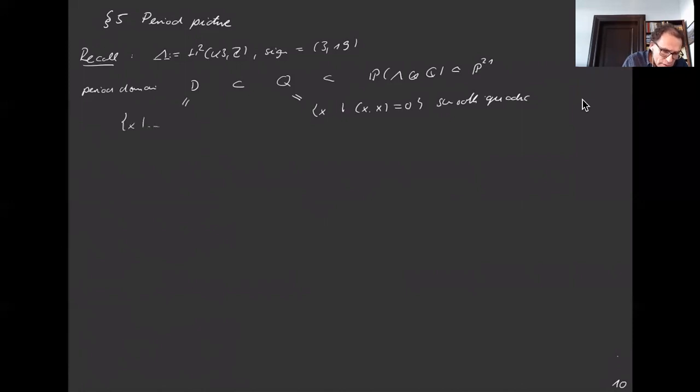So the same condition, so it has to be on the quadric, and I add a real condition, namely that the intersection product of X and complex conjugate X is actually positive.